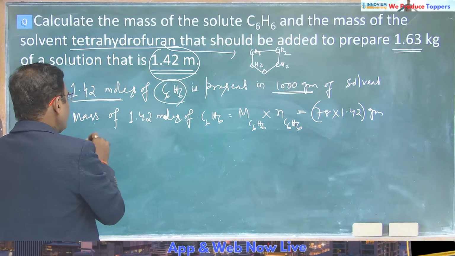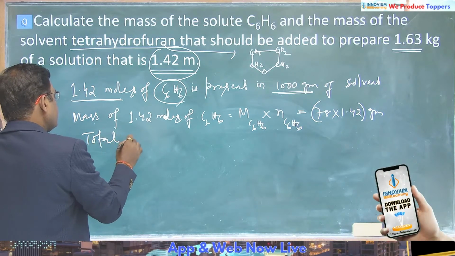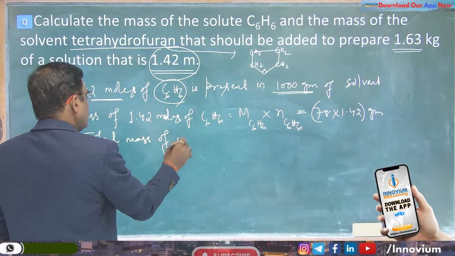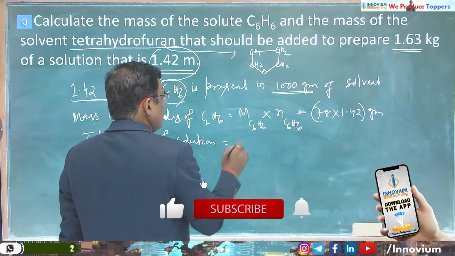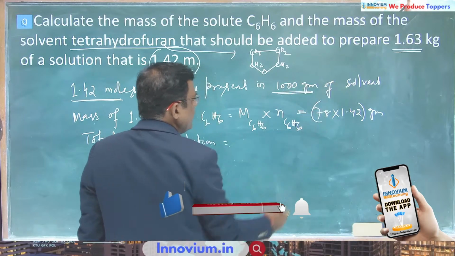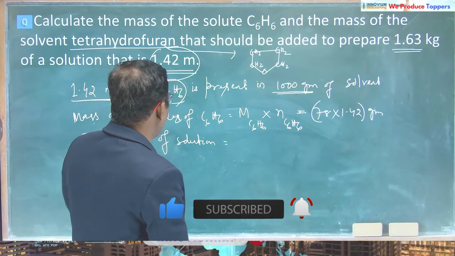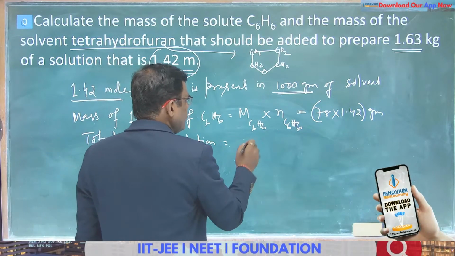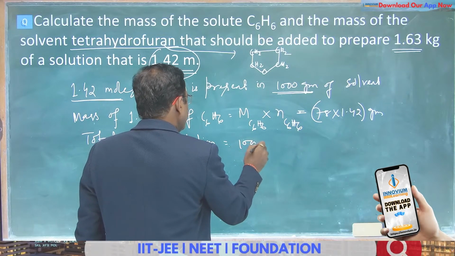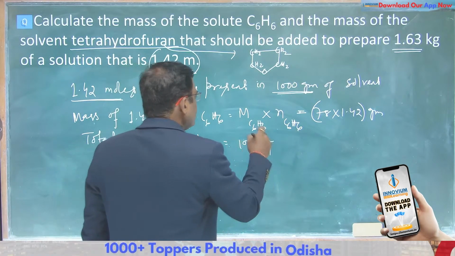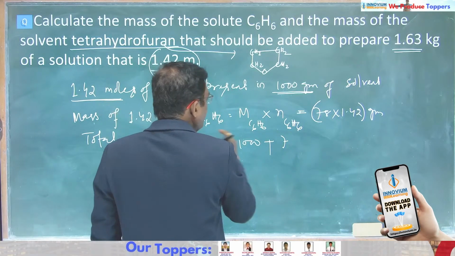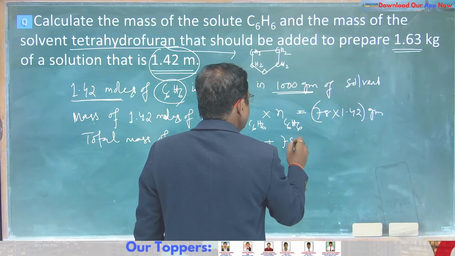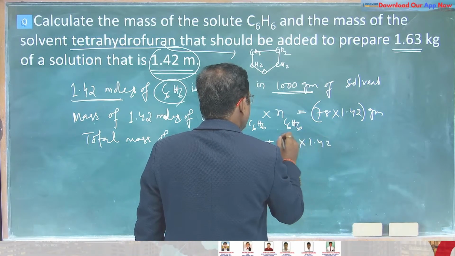So total mass of solution is 1000, the mass of solvent, plus the mass of solute present, 78 into 1.42.